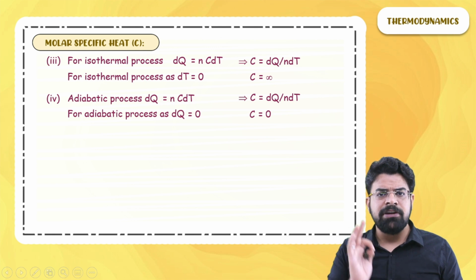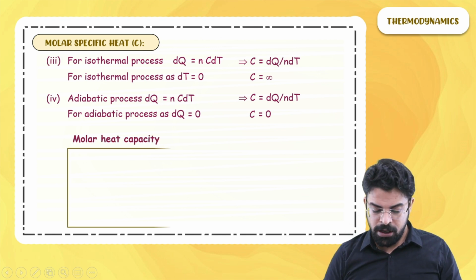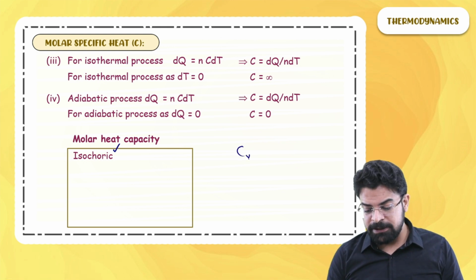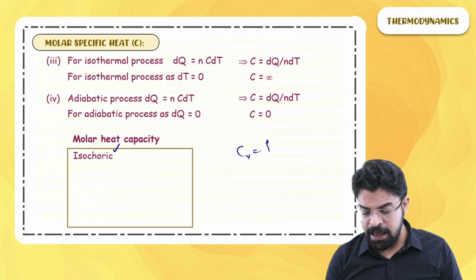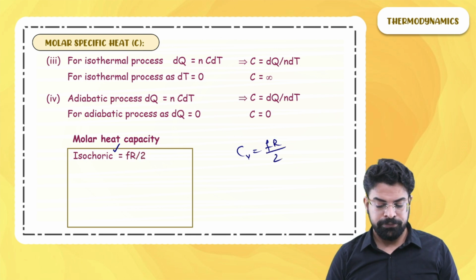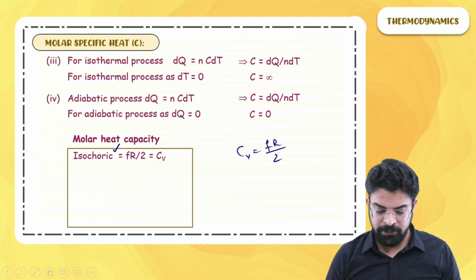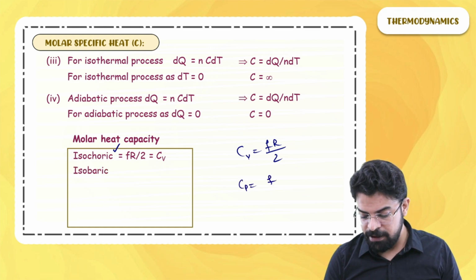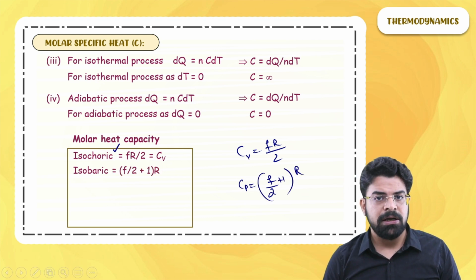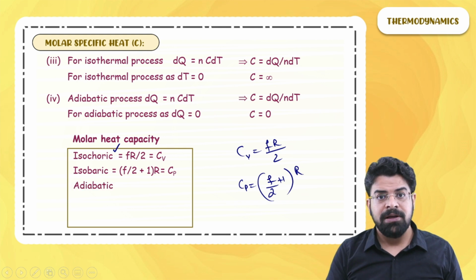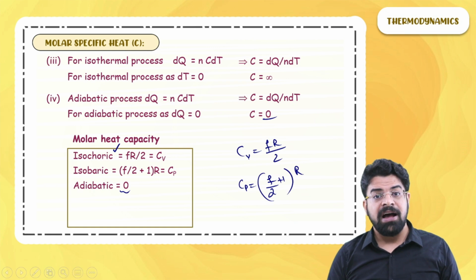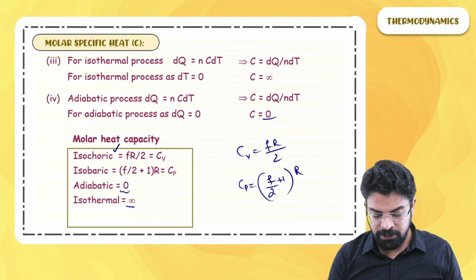So let's revise everything about molar specific heat once more. First, for isochoric process, the molar specific heat at constant volume comes out to be fR by 2, and this is called Cv. For isobaric process, the molar specific heat comes out to be (f/2 + 1) into R, and this is called Cp. For adiabatic process, it is 0, and for isothermal process, it comes out to be infinity.